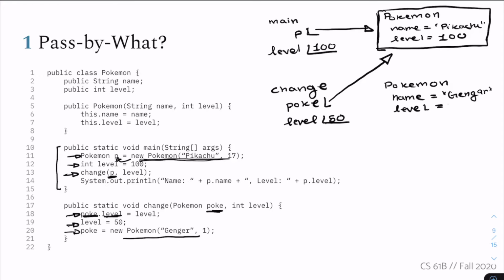So we set this, and this is our new Pokemon object. And now we're not changing anything about what Pokemon, we're not changing this Pokemon.